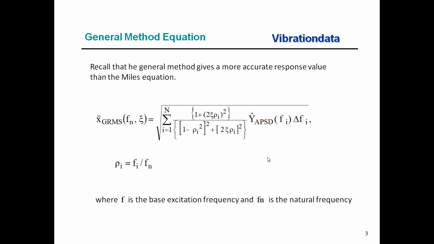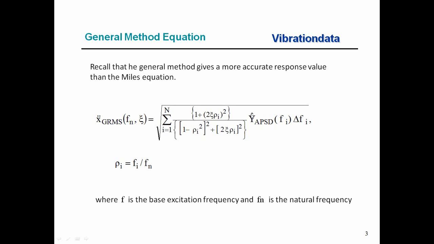Now this equation should look familiar to you if you participated in the last webinar or viewed the slides. So sometimes I call this the general method, and sometimes I call it the better than miles method. So just take your pick as to which name you prefer. But the idea is to calculate the acceleration GRMS response to a power spectral density base input.